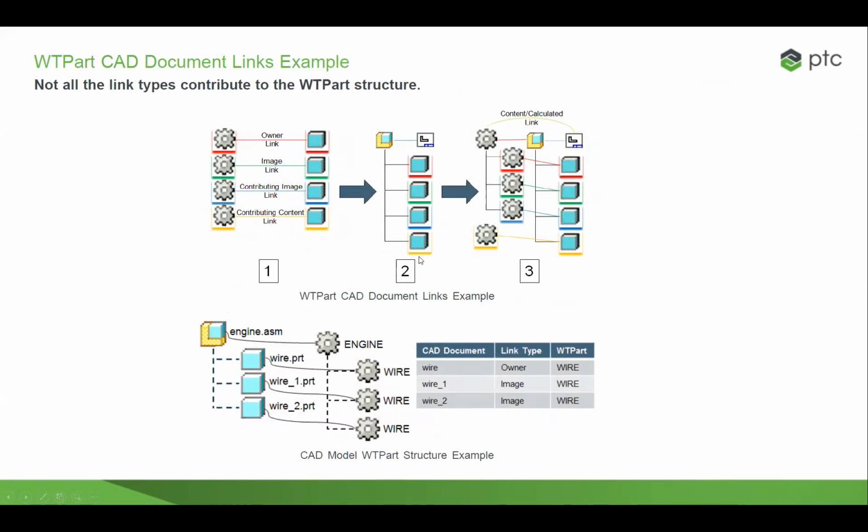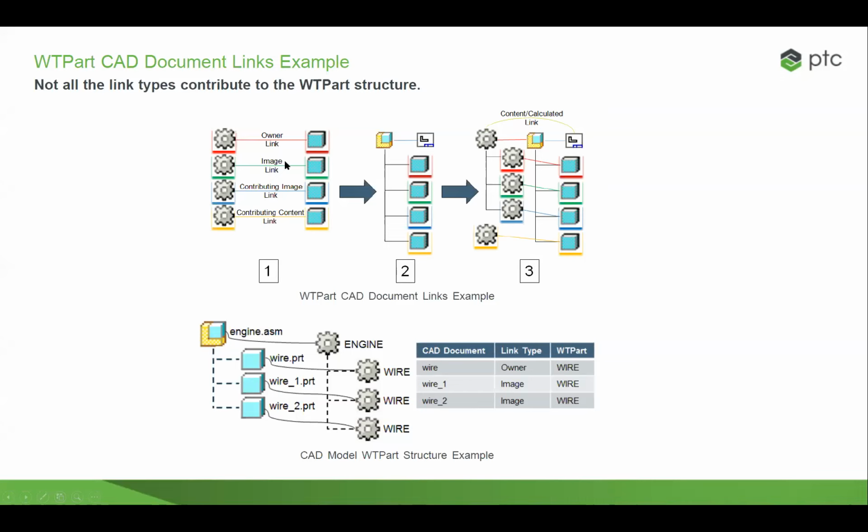Then you create an assembly, which contains all those CAD models. After you do the check-in in Windchill, you get the following results. It means that, for example, we have created an assembly, so we have a Windchill part related to the assembly. We have created a drawing, so we have a link which allows you to navigate easily from the part to the drawing, which is a calculated link or content link.